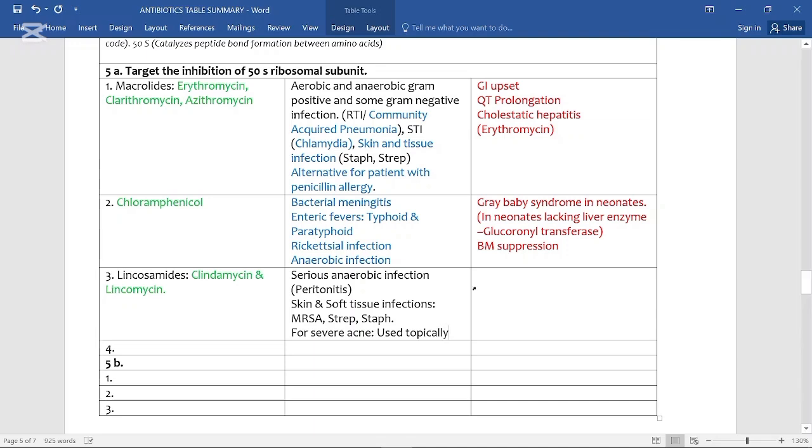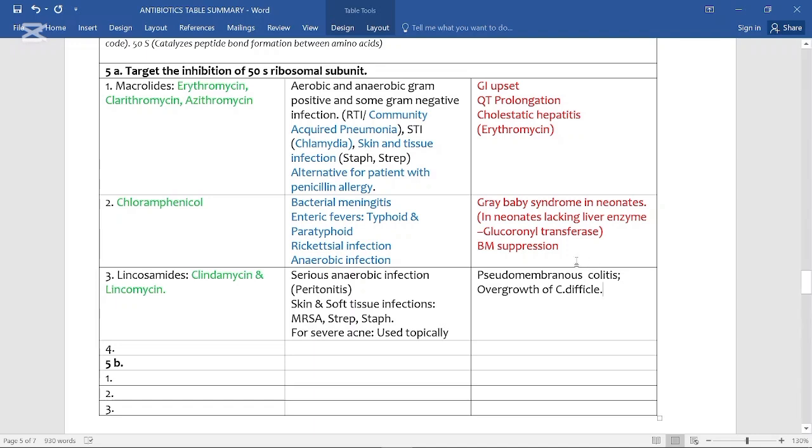Yeah, when it comes to the side effects of using this drug, one of the major side effects that you may come across is pseudomembranous colitis, and this is always caused by the overgrowth of C. difficile, Clostridium difficile.